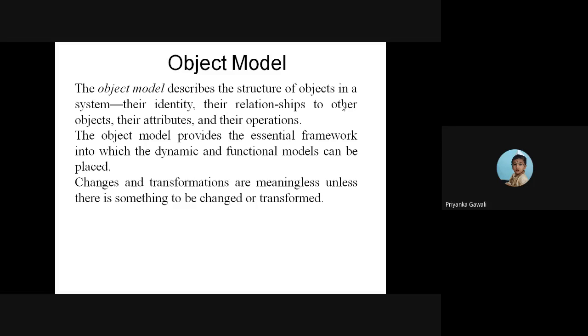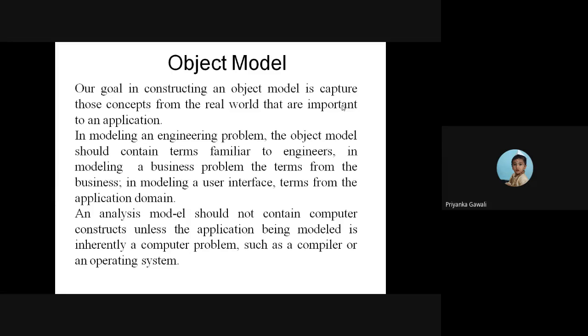Changes and transformations are meaningless unless there is something to be changed or transformed. So our goal in constructing an object model is to capture those concepts from the real world that are important to an application.